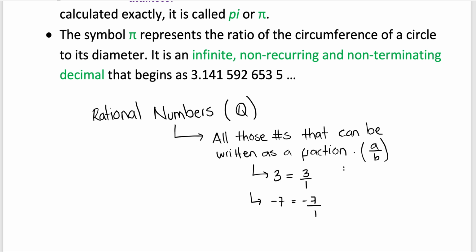Or if I have 5/10, it can be written as a fraction, which is equal to 1/2. You can see here I have all types of numbers that can be written as a fraction. Let's talk about one that is a repetitive decimal.